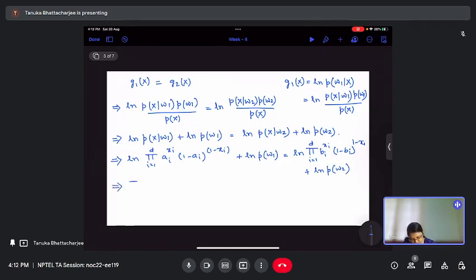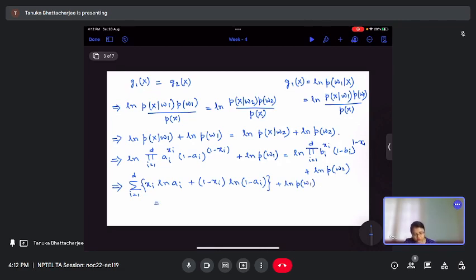Now we can expand or simplify the ln terms. The product will become a sum, i equal to 1 to d, xi ln ai plus 1 minus xi ln 1 minus ai. This entire thing is within the summation, plus ln of p omega 1.